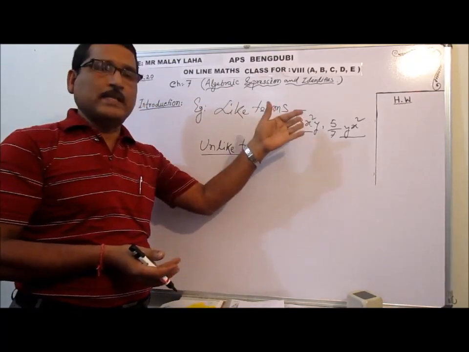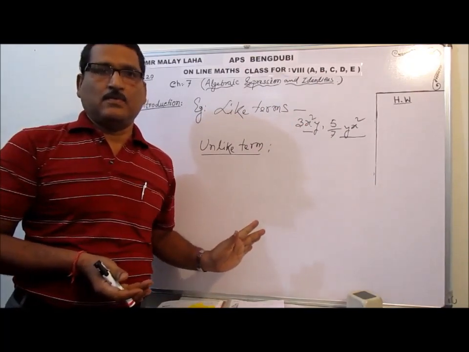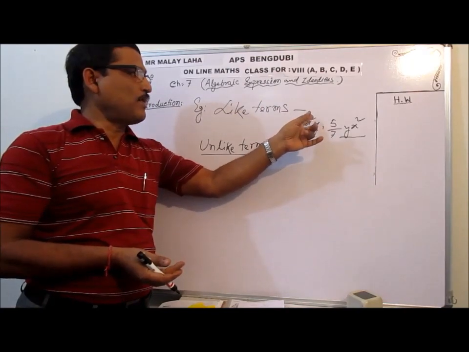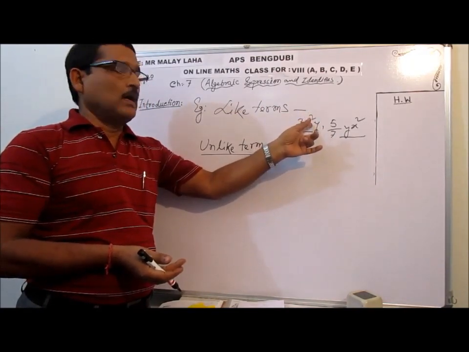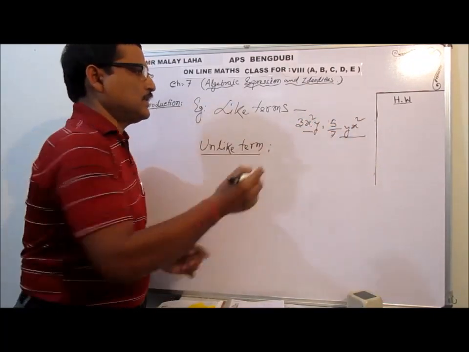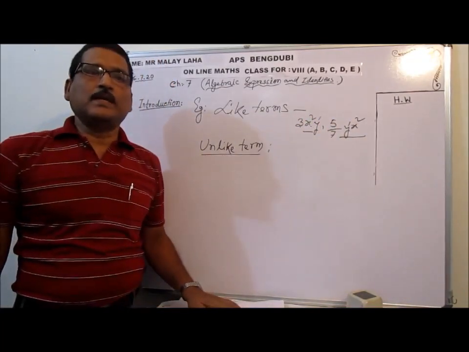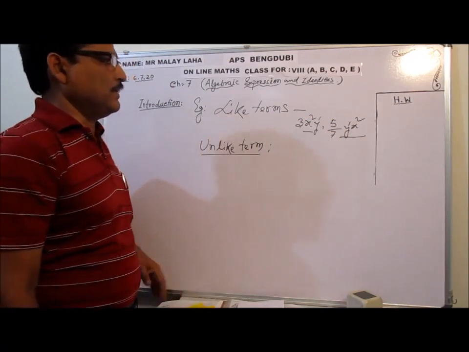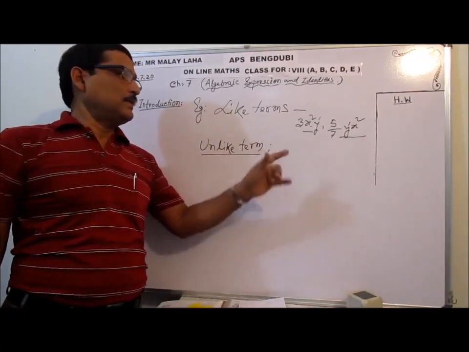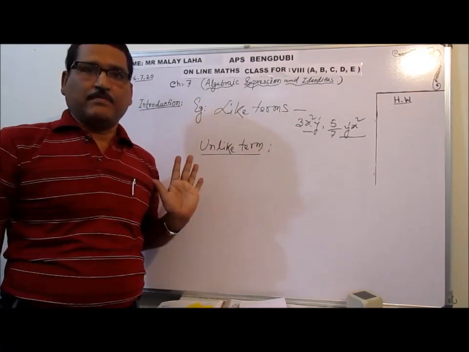So in algebra also, if we change the position of the literal factors, the meaning does not change. So in both cases the literal factors are the same, and also the power: x raised to 2, here also x raised to 2, and y raised to nothing. Why nothing? Always remember 1 is there. 1 is the exponent of every term, and when there is no numerical factor in front of a term, then 1 is the numerical factor of that term.